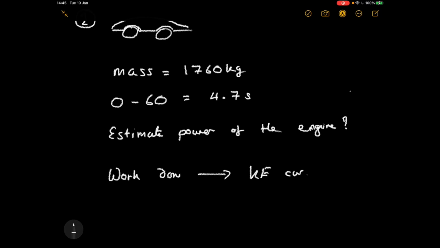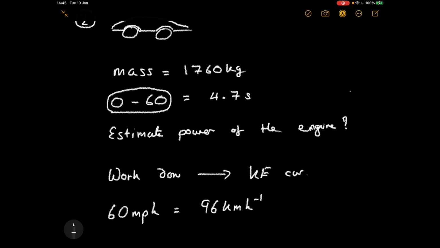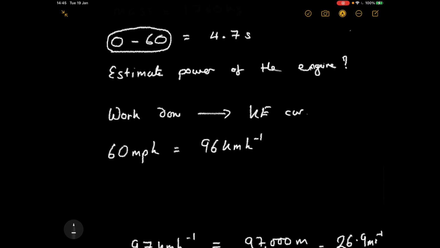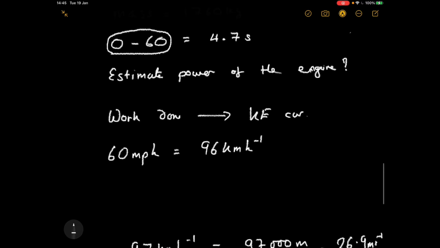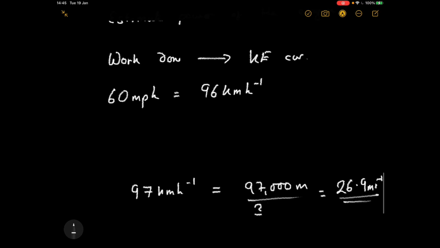So what we want to know is, what is the final kinetic energy of the car? Well, we need to know how fast is 60 miles an hour in standard units? So 60 miles per hour is equal to 96, not 96, 97 kilometers per hour, because I worked it out down here.